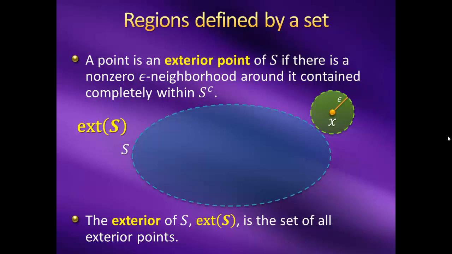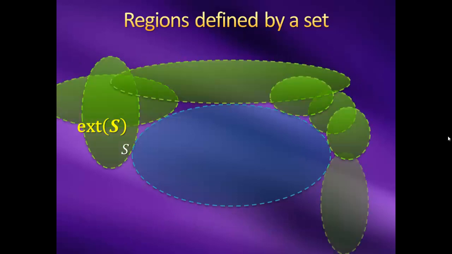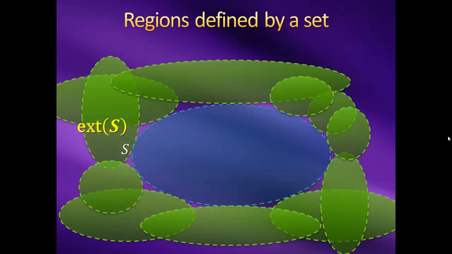In fact, we can think of the exterior of S as the interior of the complement of S. As before, we can also say that the exterior of a set is the union of all possible open sets that are completely disjoint with S, or the largest open set that is disjoint with S.